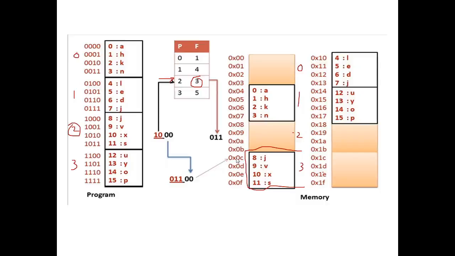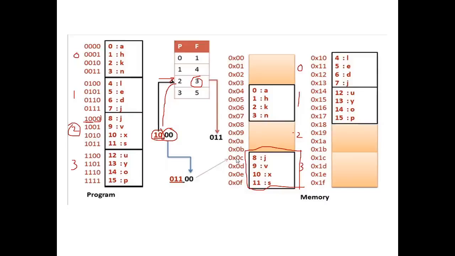Now the logical address has to be generated for this page. It takes 4 bits of logical address. The first 2 bits are the page number, and the remaining 2 bits are the instruction number, which instruction it wants to execute.